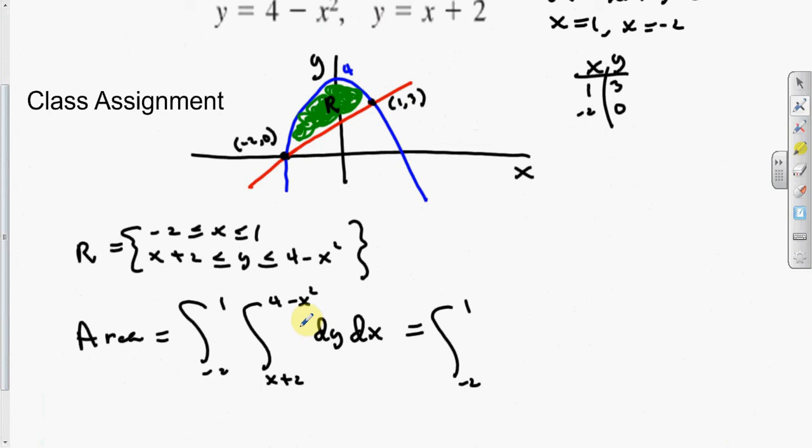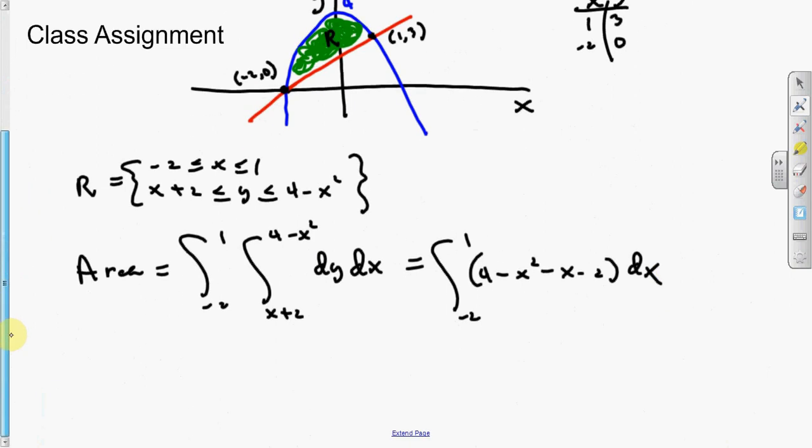Do this, you integrate with respect to y, you get y evaluated from below and above. That just becomes 4 minus x squared minus x minus 2. Can I do that? Is that okay? Is everybody with me there? Just skip the step. You know, back when we were in school, you get upset with the teacher who said skip steps.